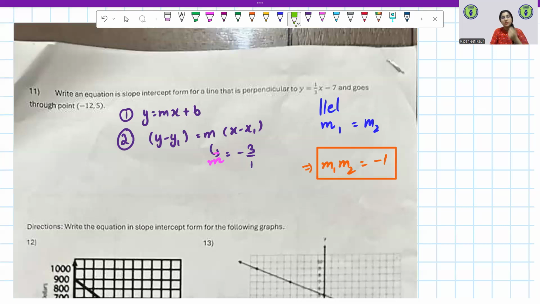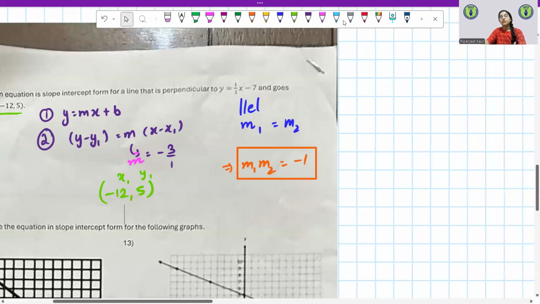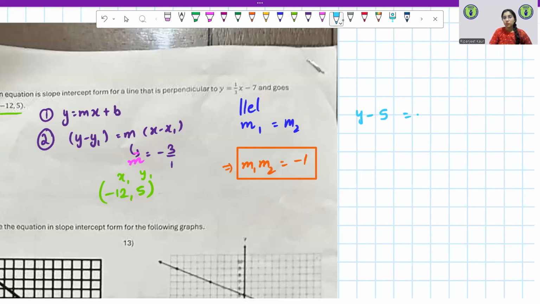And they have given a point. If we know everything, what do we need? The slope, and the point is negative 12 and 5. That means x1 and y1 are already given, right? We just plug in y minus y1, which is 5, equals the slope times x minus x1, which is negative 12.